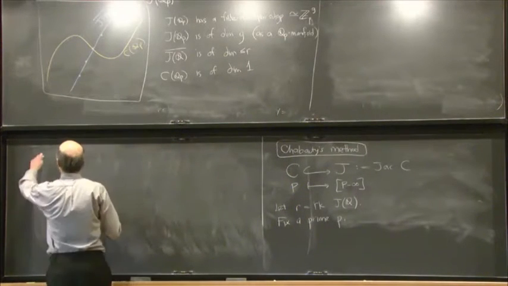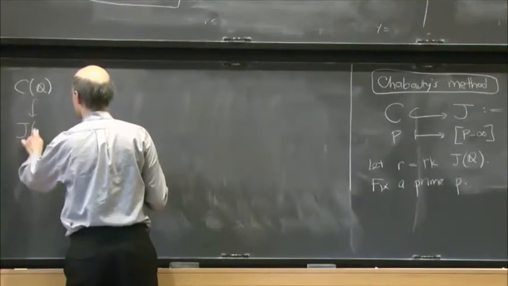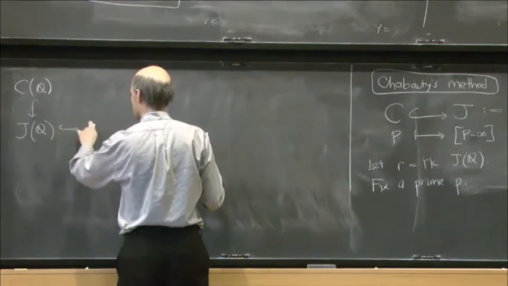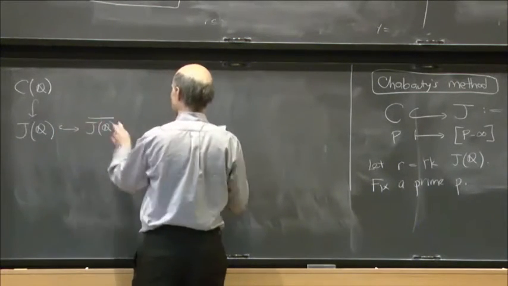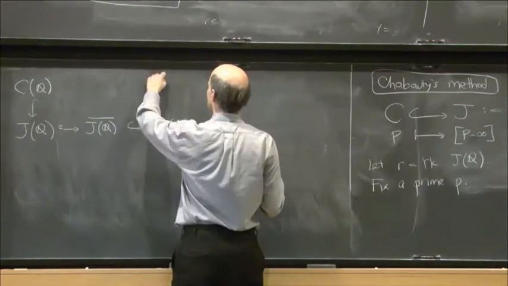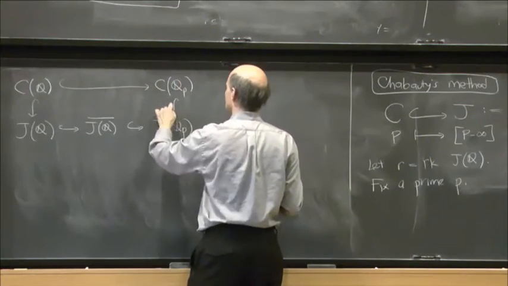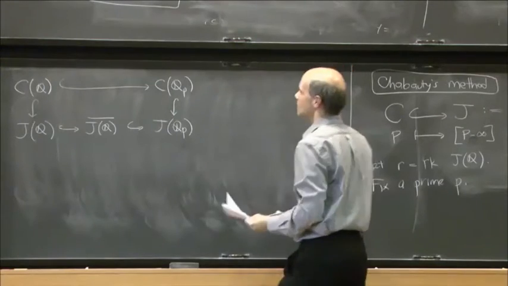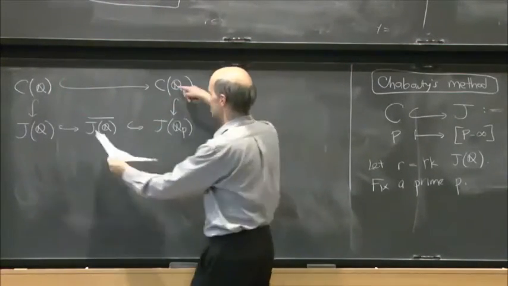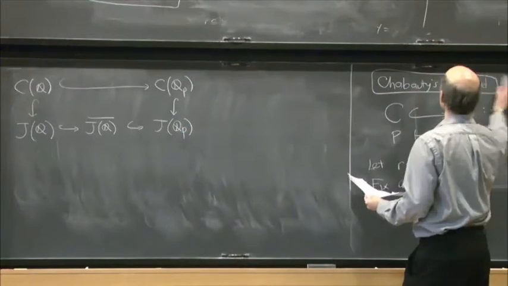Okay, so I want to understand the rational points, and I know that on the one hand it injects into the rational points on J, which you can include into the closure in the p-adic points, and so here are the p-adic points. On the other hand this also injects into the p-adic points of the curve, and obviously the rational points of C must lie in the intersection of these two groups mapping into here. That's what's shown in the picture.